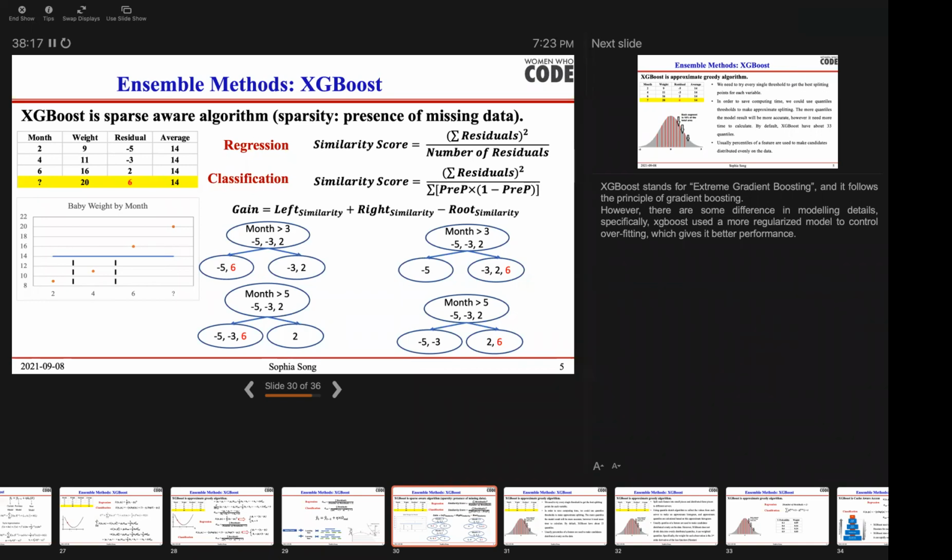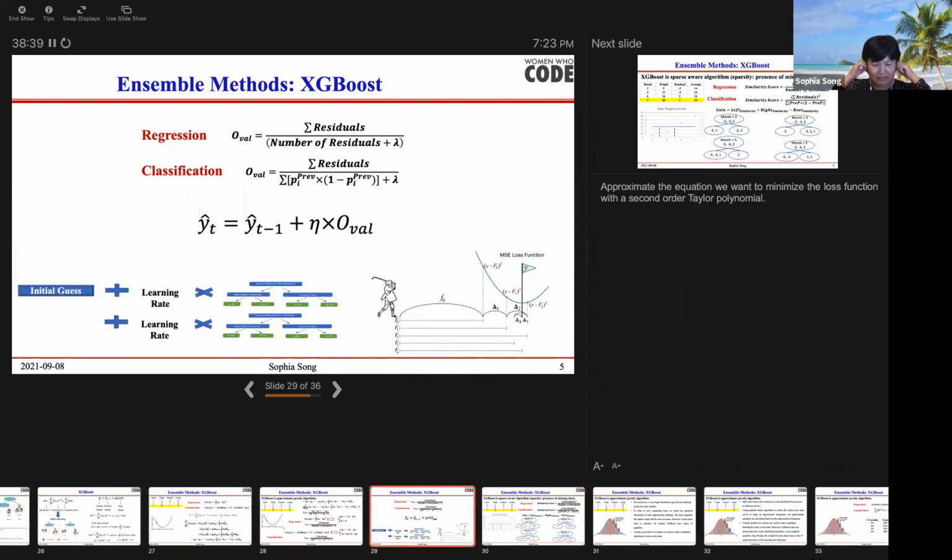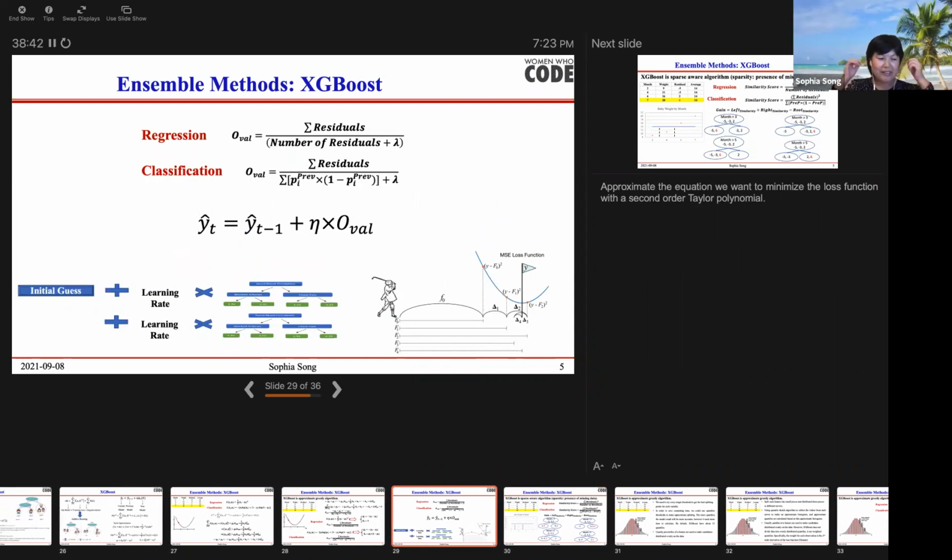I have more questions. XGBoost is a library, and everything is handled behind the scenes, right? And how would we encounter this concept that you are showing us here?